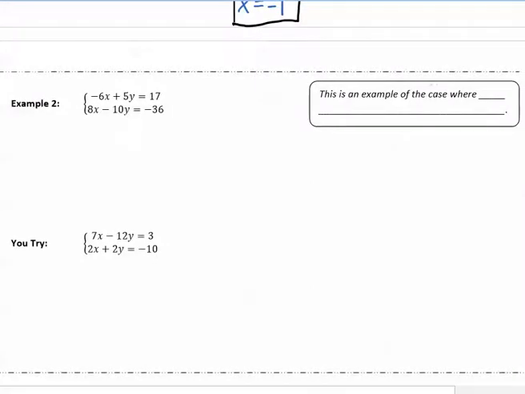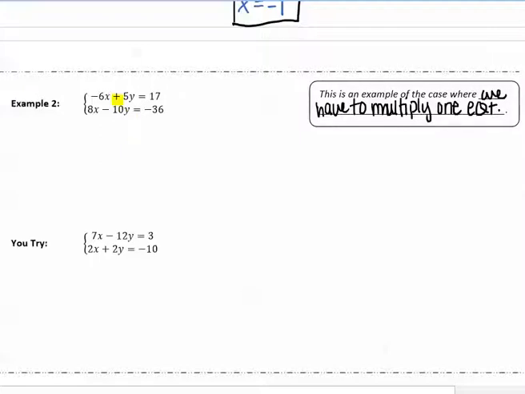So this is an example of a case where we have to multiply one equation. Okay, so take a look. You can choose the x's or the y's. One of them might be significantly easier.